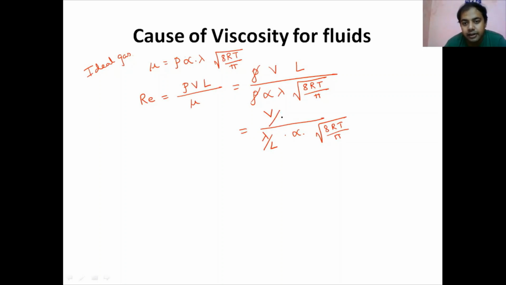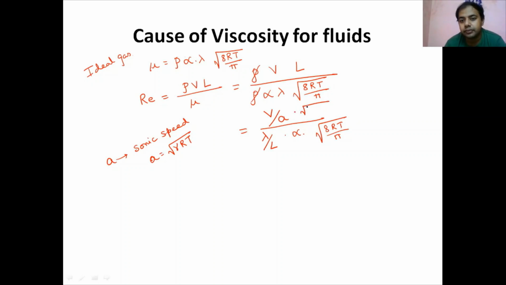Now divide this by A, where A is the sonic speed through the corresponding ideal gas medium. We can write A as the square root of gamma RT.